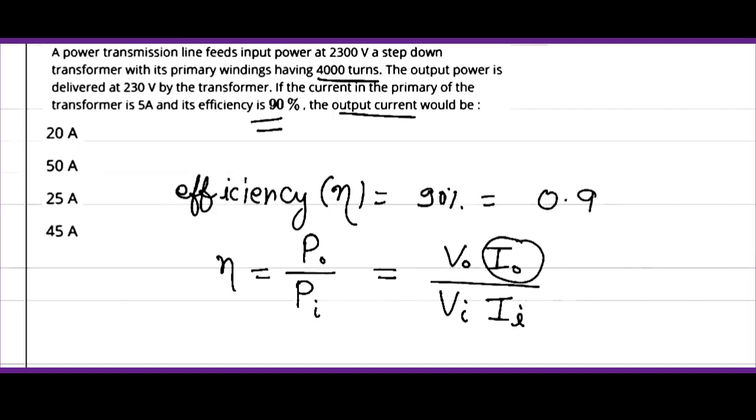In the question Vo is given as 230 volt, Vi is given as 2300 volt, and the input current is given as 5 ampere.